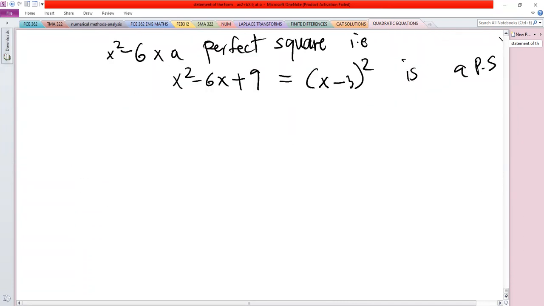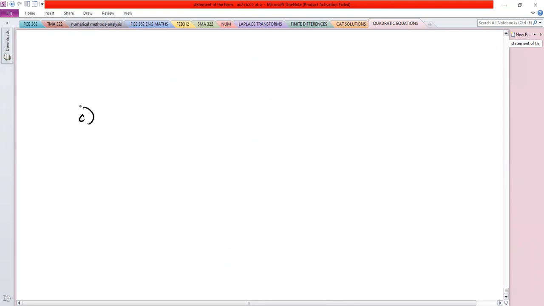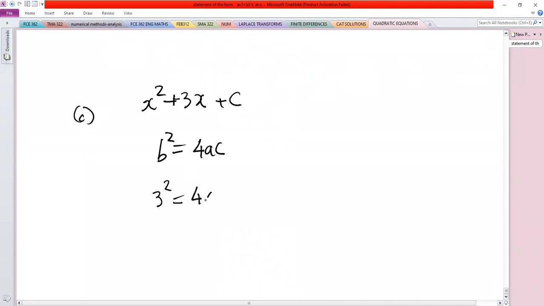And then c, we have x squared plus 3x. So let's say plus c. Now b squared is 4ac. So b is 3, so 3 squared equals 4 times a, which is 1, times c. 3 squared is 9 equals 4c.